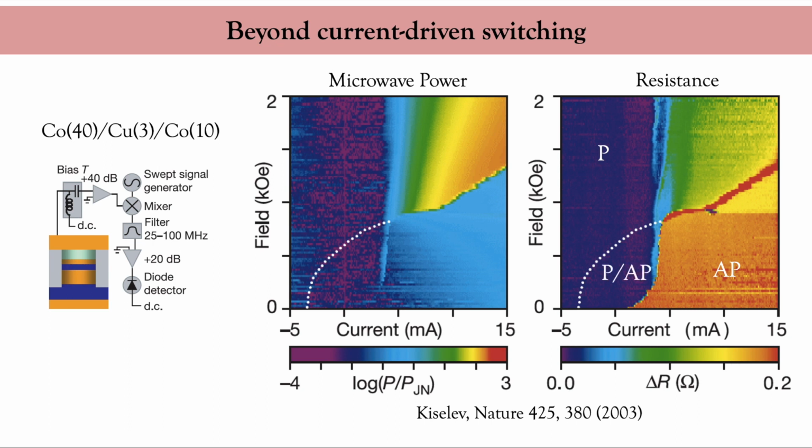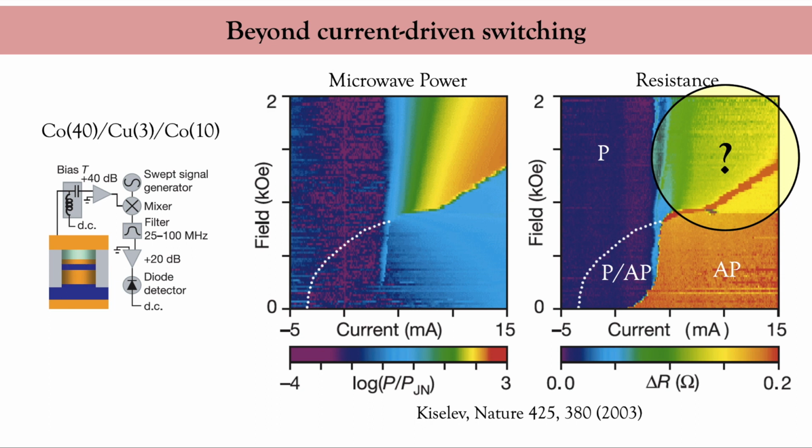I would like to attract your attention on the greenish region here. In this region, the magnetization is neither parallel nor anti-parallel. In fact, the resistance is just intermediate. To understand what is happening here, you can look at the left diagram. This one reports the power of the resistance fluctuations recorded in the microwave range.